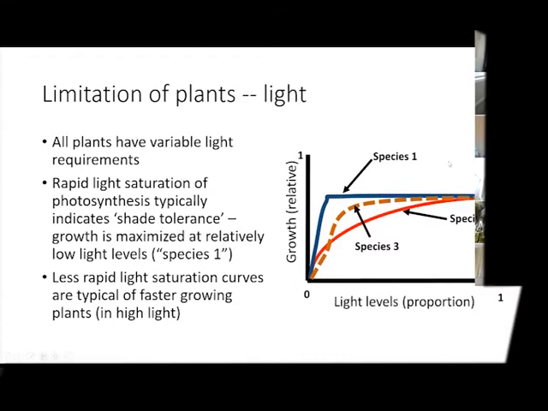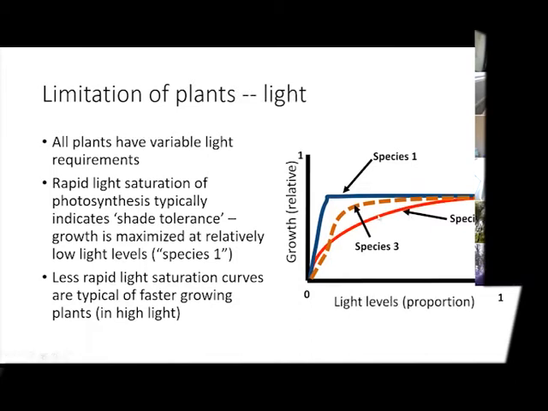I made this up, and it's designed to help illustrate something about what they are showing in their paper. It's cartoon, it's contrived, but here's what I'm trying to illustrate. This first species has a very steep curve, and it reaches a flat line where adding more light doesn't change photosynthesis.